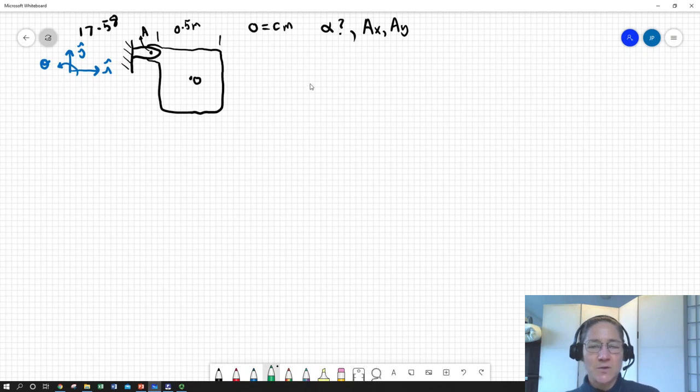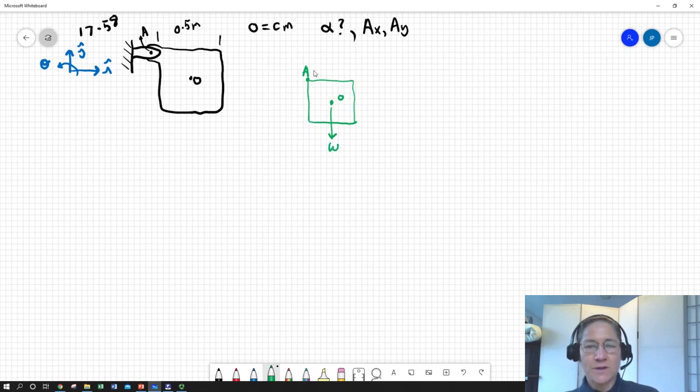So as promised, we're going to start with an FBD, and I'm going to simplify it and just draw this as a square instead of showing that tab. We'll assume that the tab is precisely in the corner up here. So this is point A, our rotation point, and this is point O. We're told that the plate is uniform, which means that the weight is acting at the center of mass.